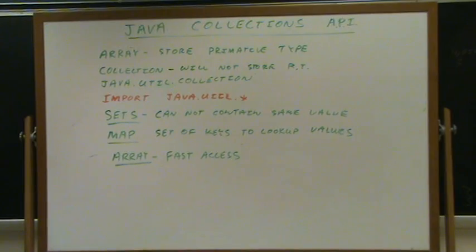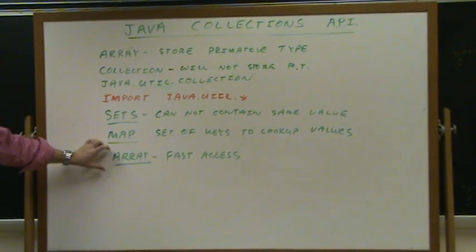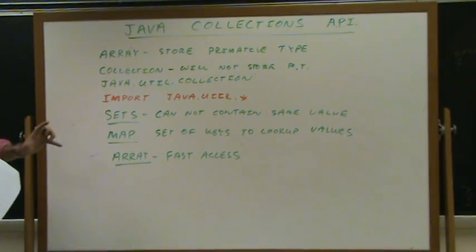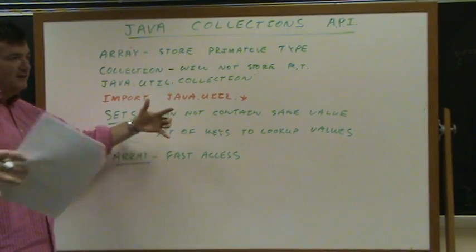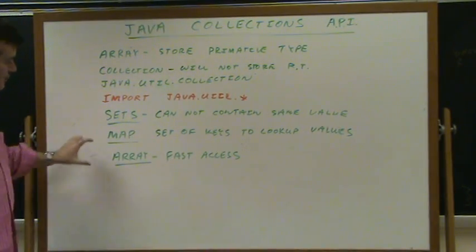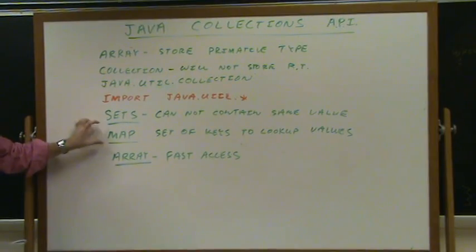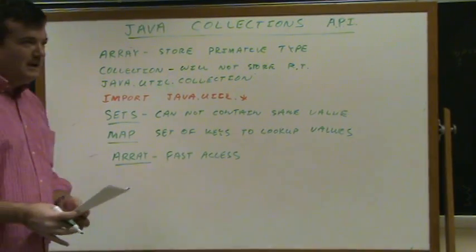Okay, so now what we're starting to realize is we have pieces of storage like arrays, maps, sets, things that hold other stuff. They call it collections, I guess because it's collecting all these items together. But these are basically structures that hold other stuff.